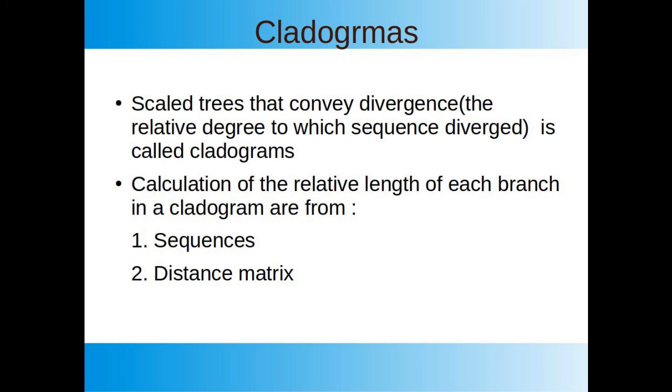In this class, let us understand cladograms. Cladograms are scaled trees that convey divergence, that is, the relative degree to which sequence diverged can be represented through cladograms. Calculation of the relative length of each branch in a cladogram can be done from the information in a distance matrix.